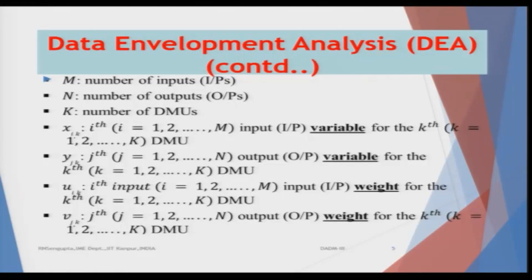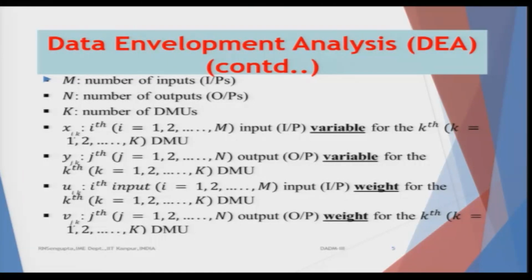So, i equal to 1 to m would be the input variable for the kth DMU, where k is equal to 1 to capital K. Here i, m, j and k are all small, while y suffix jk would be the jth output variable, j equal to 1 to n, for the kth DMU, where k is equal to 1 to capital K.